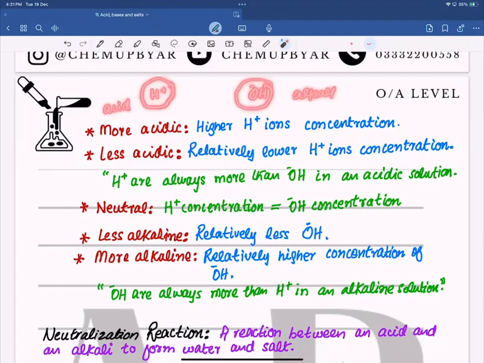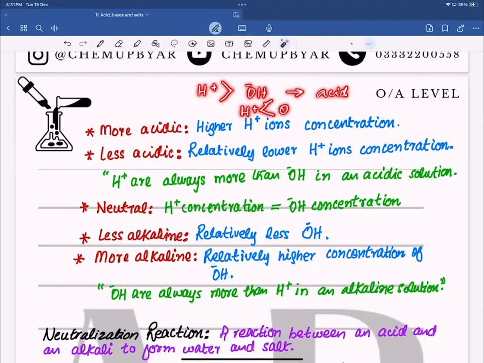If the substance has more hydrogen ions than hydroxide ions, then we consider that solution as acidic, or acid. And if the solution has a lesser number of hydrogen ions as compared to hydroxide ions, then the solution is alkali.